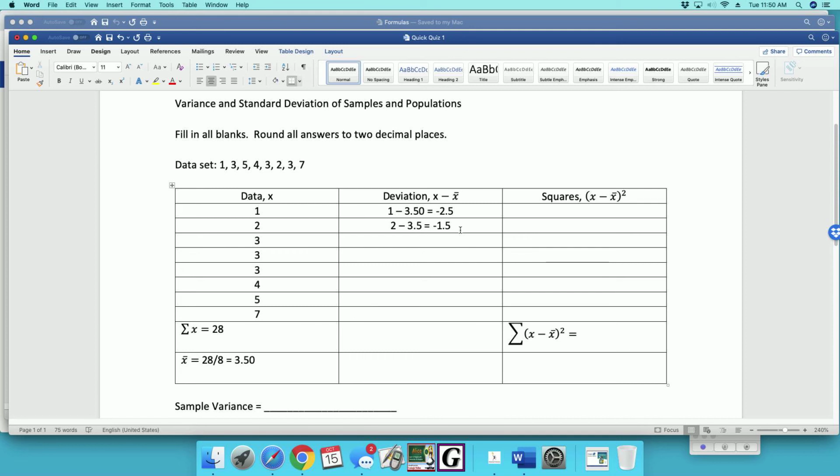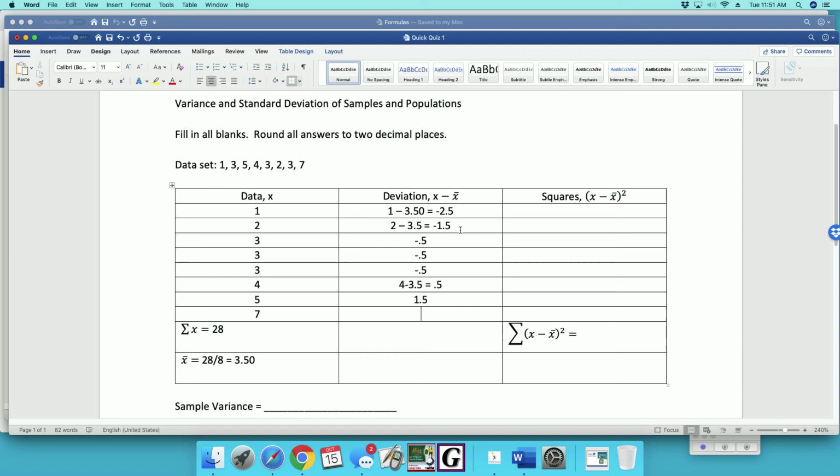This one is negative 0.5, this one's negative 0.5, and this one's also negative 0.5. Now 4 minus 3.5 equals 0.5. This is 1.5.